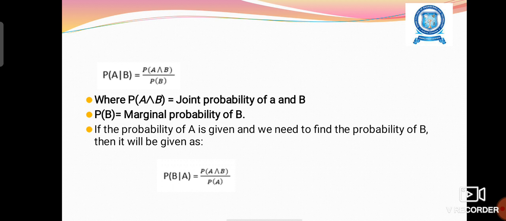It is calculated by the formula P(A|B) = P(A and B) divided by P(B). P(A and B) is the joint probability of A and B, the possibility of A and B occurring together. P(B) is the marginal probability. Similarly, we can calculate the conditional probability of B given A: P(B|A) = P(A and B) divided by P(A).